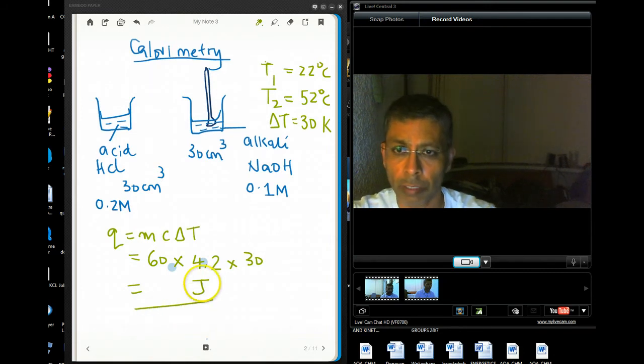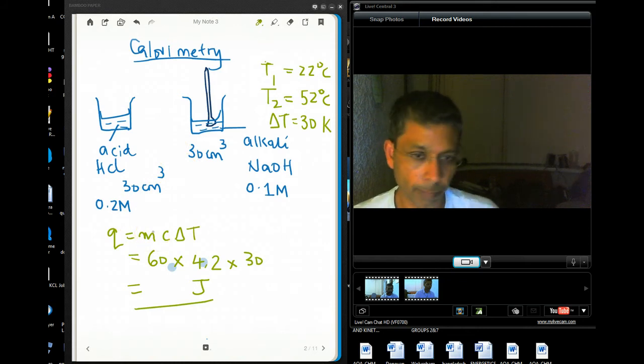Next, you may want to work out the joules per mole. So you need to work out the moles of each of your solutions. Let's just work out the value of this first. So it's 60 times 4.2 times 30, and that comes to 7560.